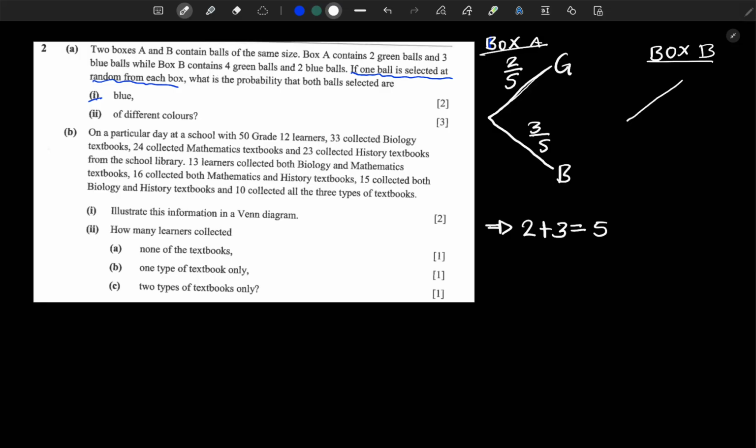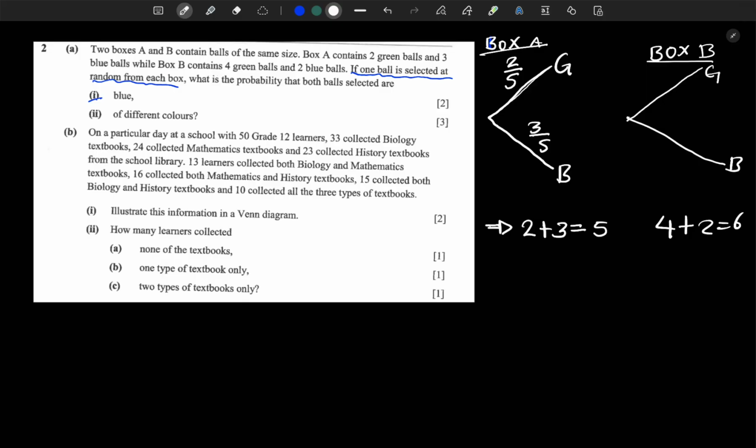For box B we are going to have a similar scenario but different numbers. We are going to have green and blue here. Now for box B we have 4 plus 2, giving us a total of 6. How many green were there?